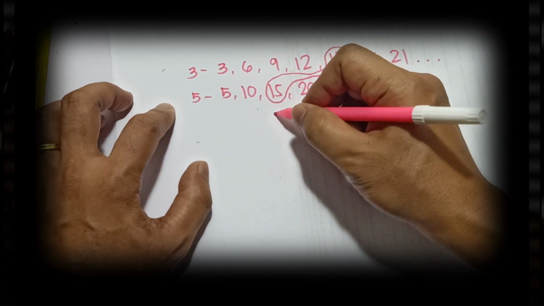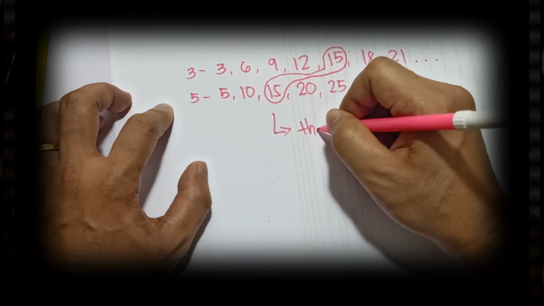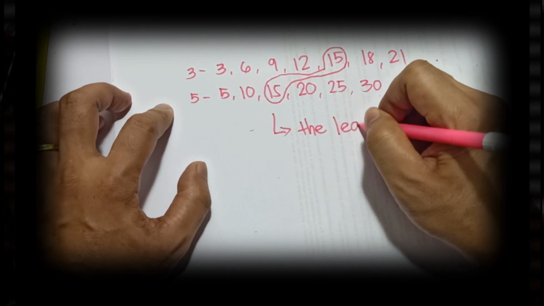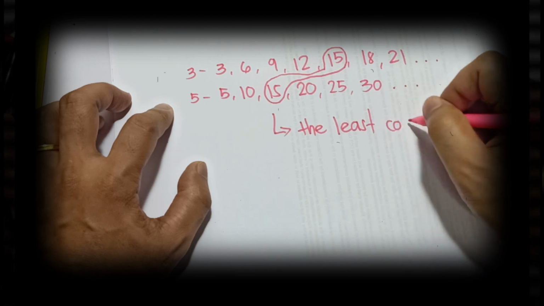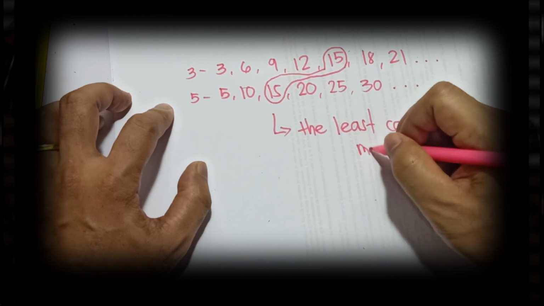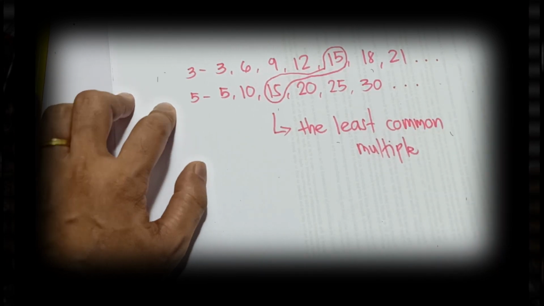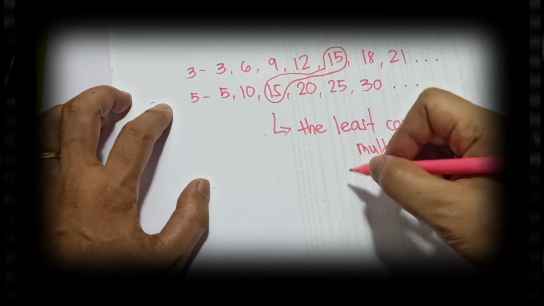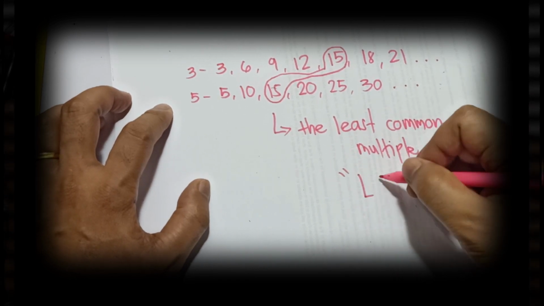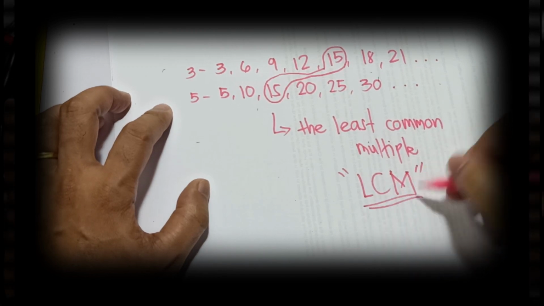They are what we call the least common multiple, or simply the LCM.